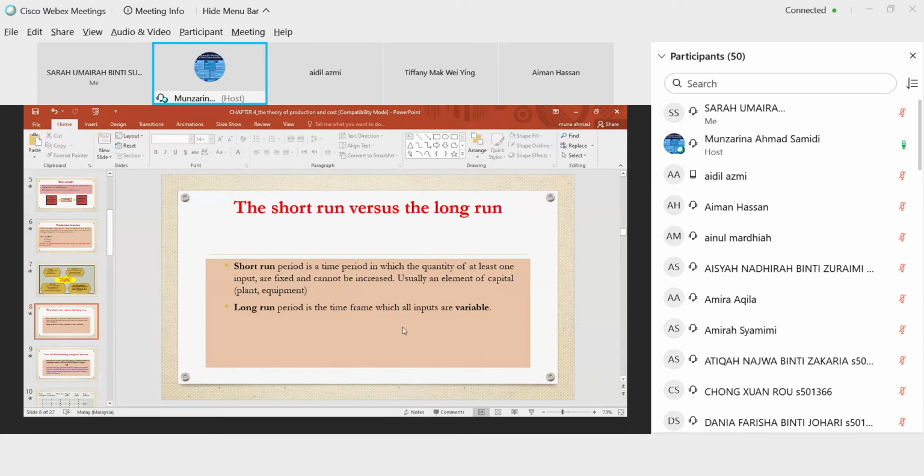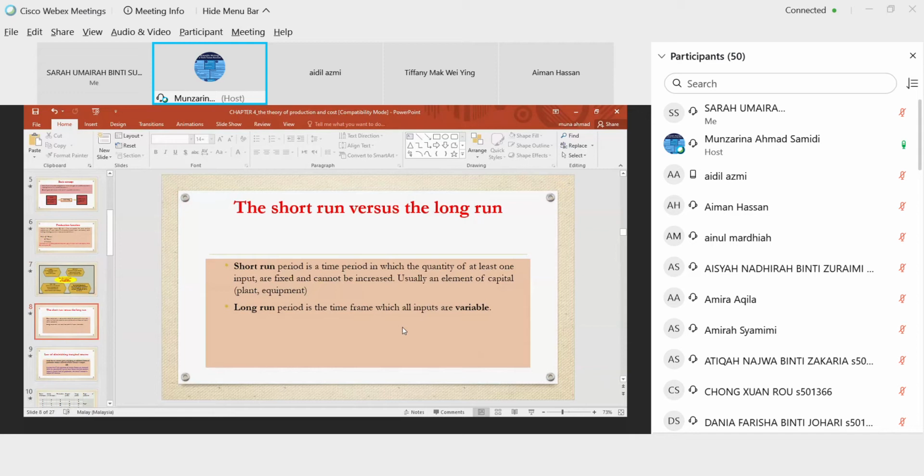Okay, in production we divide the time period into two: short run and long run. The time period here doesn't mean days or hours or months or years. It doesn't have to do with how long. It just has to do with the type of input that you use.